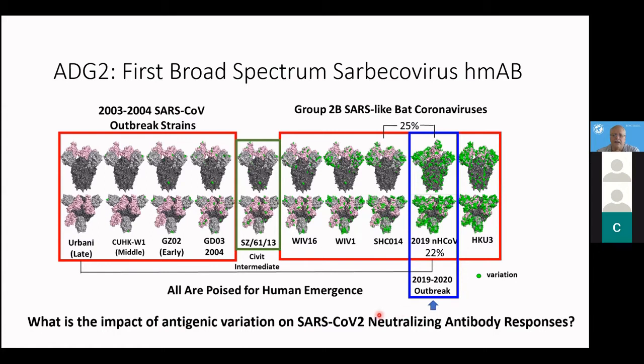If you look at the Urbani spike as compared to the 2002 strain, they're about 22% different, SHC014 and WIV1 are about 8 to 10% different. But notably, if you compare these two, they're over 25% different, and this is a little bit less. And so these bat strains have a tremendous amount of antigenic variation, increasing up to about 35%.